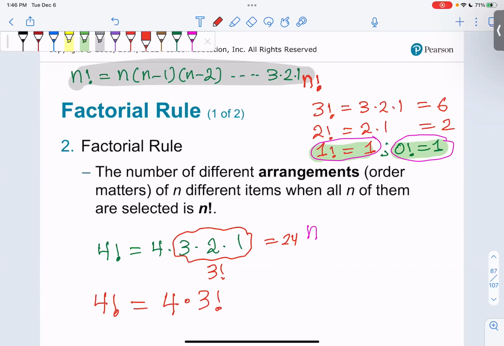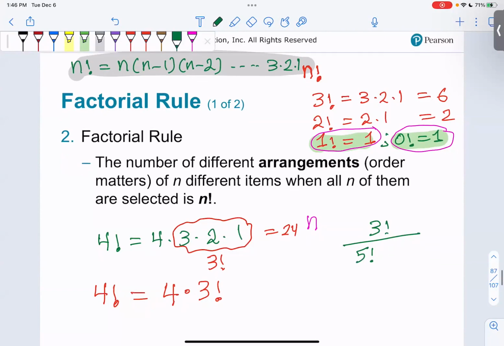So in some cases, you'll see it later. For example, we have on the top here 3 factorial, and here we have maybe 5 factorial. So instead of writing from 5 going all the way to 1, we just write 3 factorial divided by 5 times 4 times 3 factorial, and then this one will cancel this one.